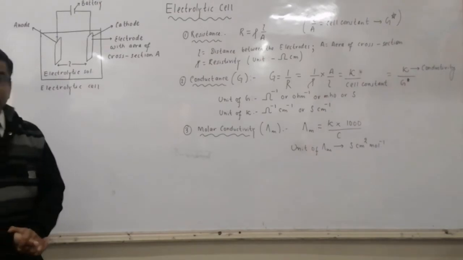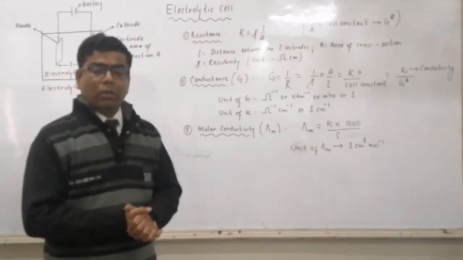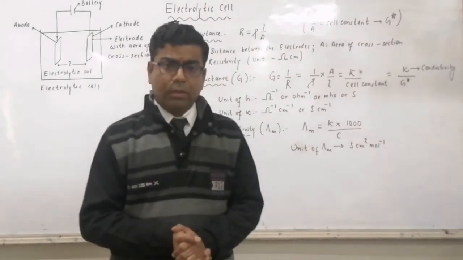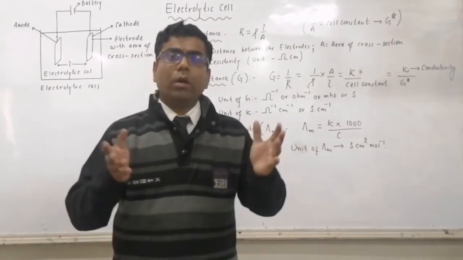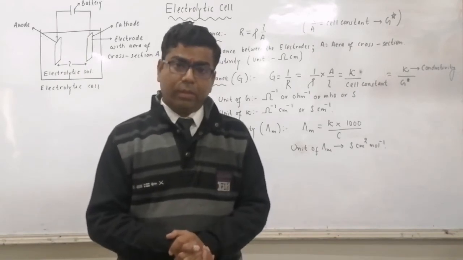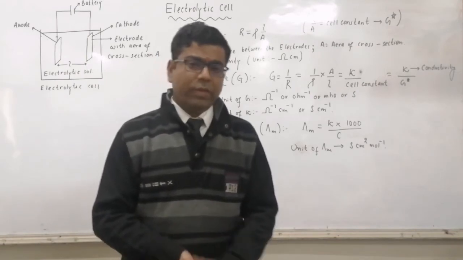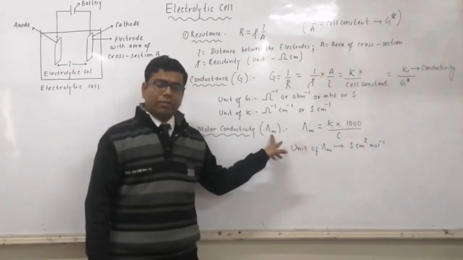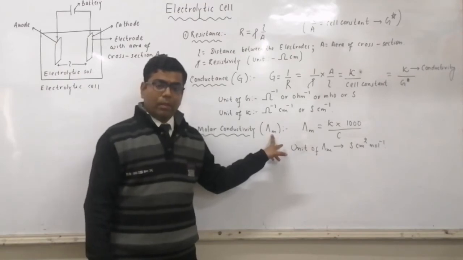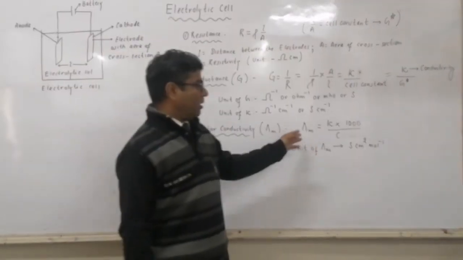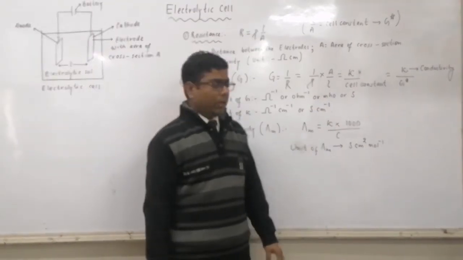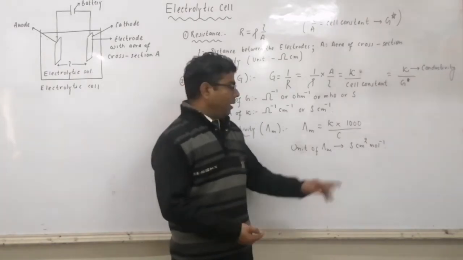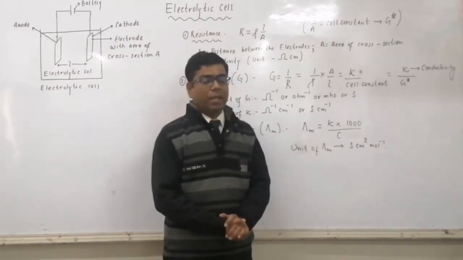Then the conductivity of the 1 molar solution is called your molar conductivity, which is represented by this symbol, lambda m. It is found that molar conductivity is equal to kappa, that is your conductivity, into 1000 divided by C. C is your concentration, or molarity.